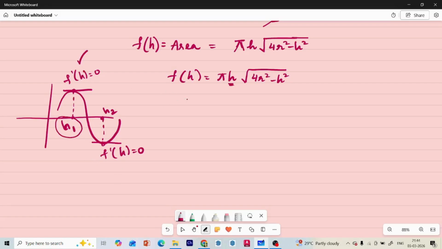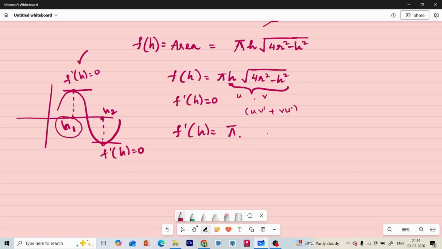Okay, so in this first step, f dash H you should equate to 0. So for that, what should we do? We should find out f dash H. How to find it out? Pi as it is, we will write into H into root over 4R square minus H square. Now you have to apply the UV rule: U dot V is UV dash plus VU dash.